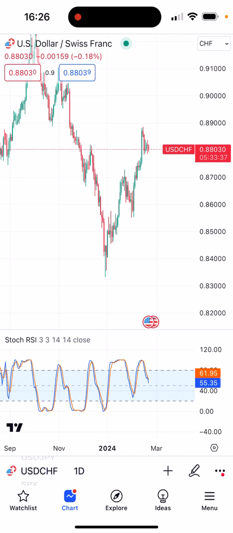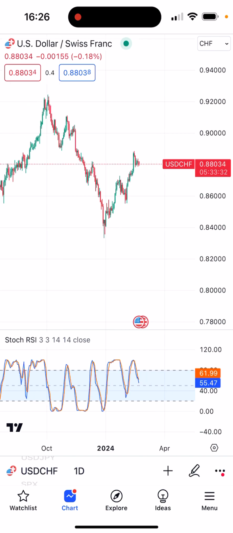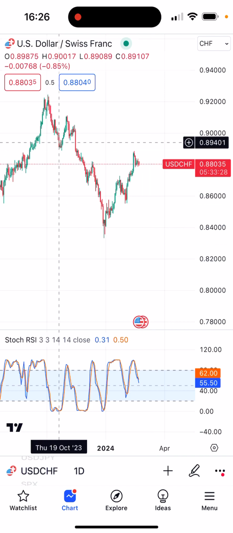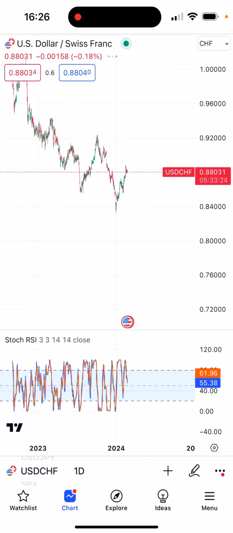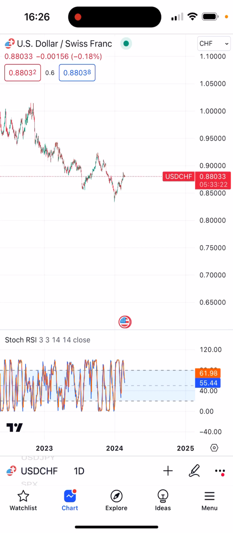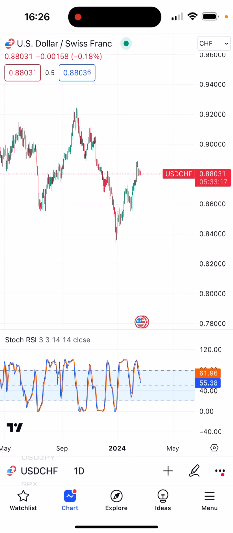On a higher time frame, we can see that the price is going down, because this price was going down. When you see the price from earlier on in a massive downtrend, even if you zoom completely out, you can see that we are in a downtrend, so you'd be selling.